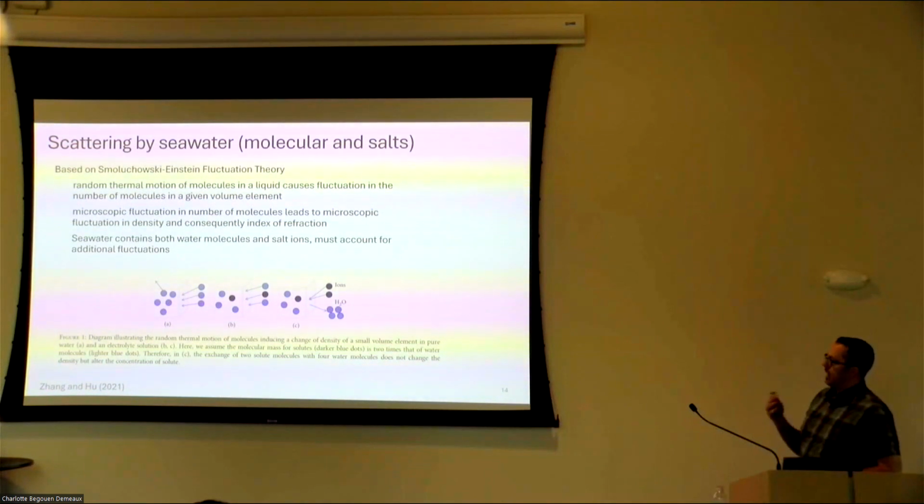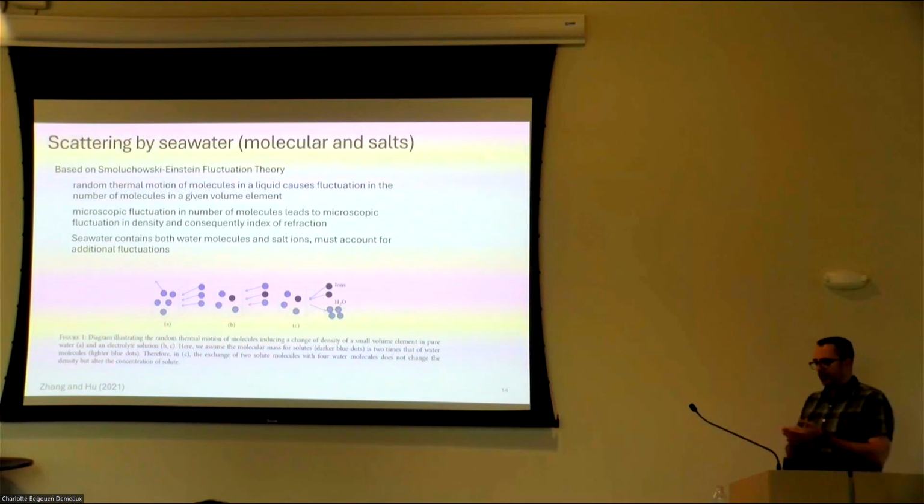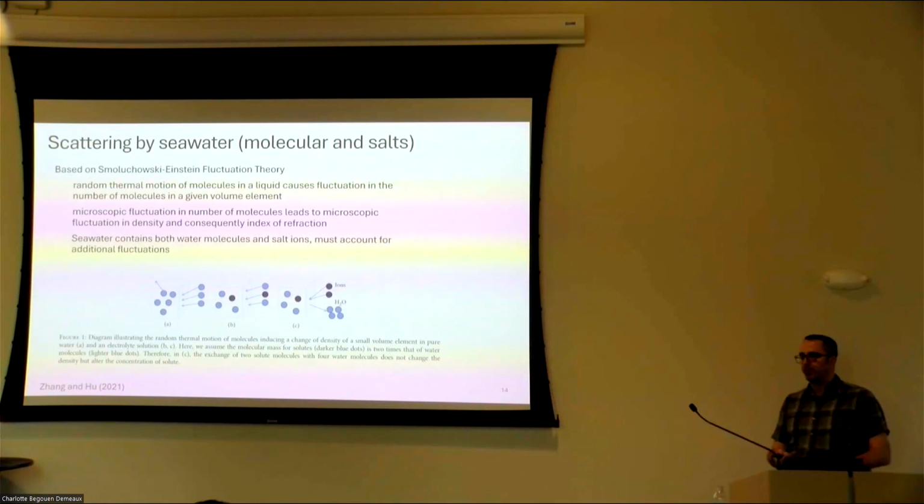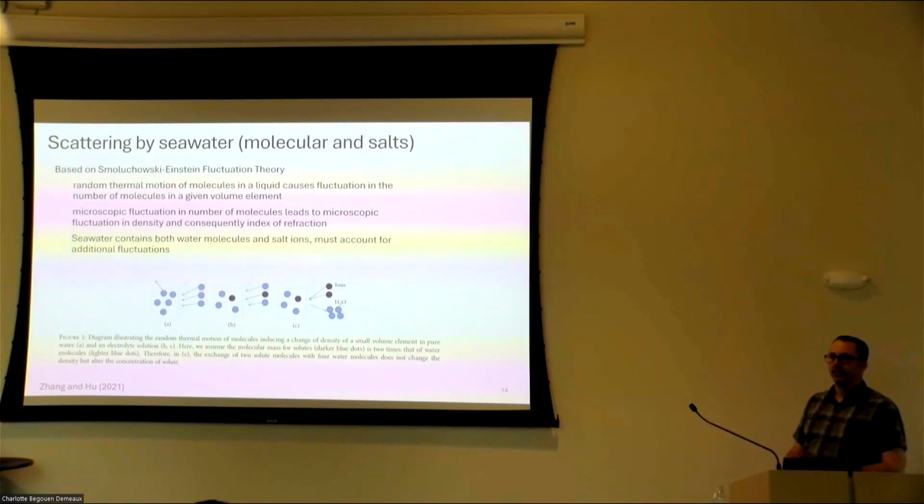But as molecules move in and out of that elemental volume, you're changing the density within that volume. And that density drives fluctuation in the index of refraction in each of those volume elements. When you're changing index of refraction, as we figured out yesterday, that's scattering, right? That heterogeneity in index of refraction creates scattering.